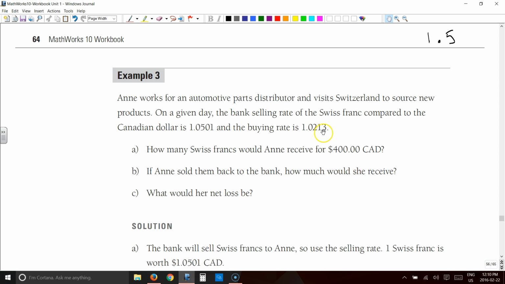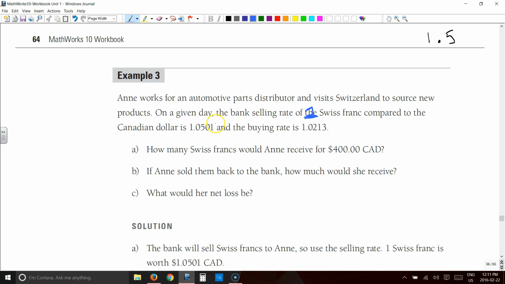So let's get an understanding here. We're going to use the pen to fill in some missing information. On a given day, the bank selling rate of the Swiss franc. So instead of the Swiss franc compared to the Canadian dollar, I'm going to write 1 Swiss franc. Okay, let's change this to a 1. 1 Swiss franc compared to the Canadian dollar is 1.0501.